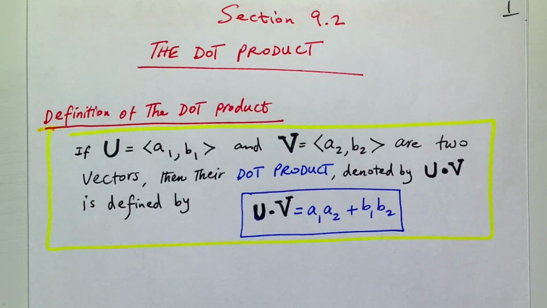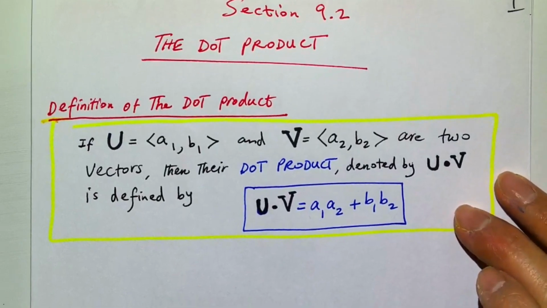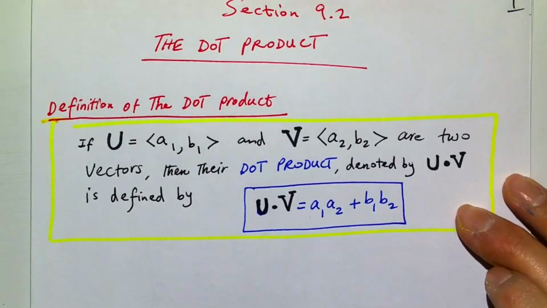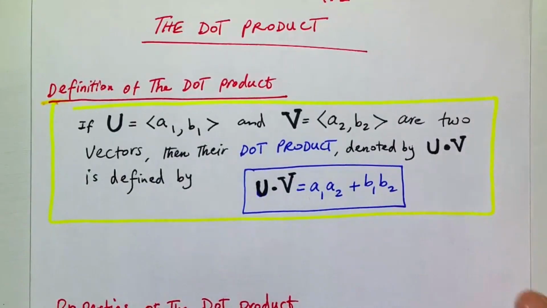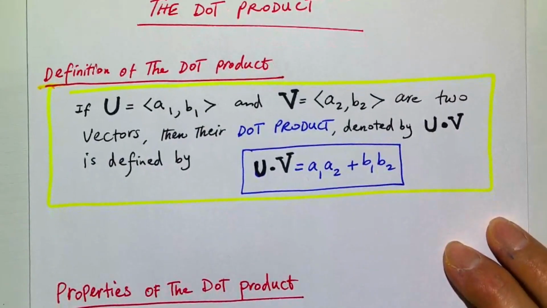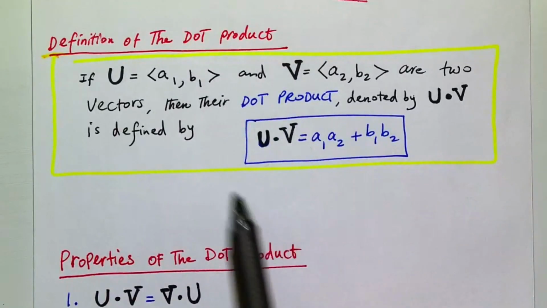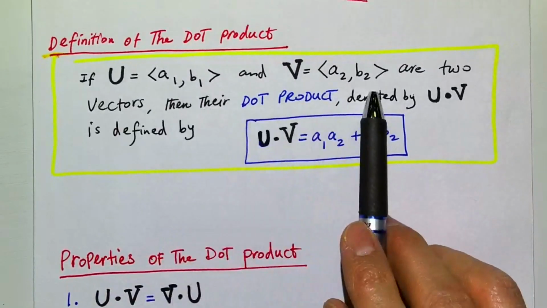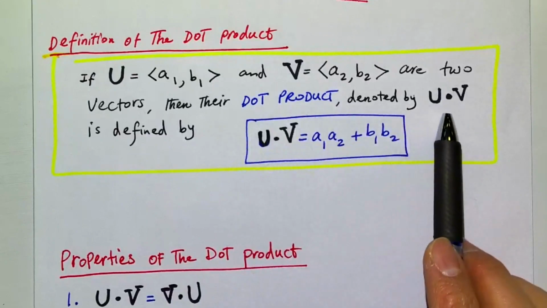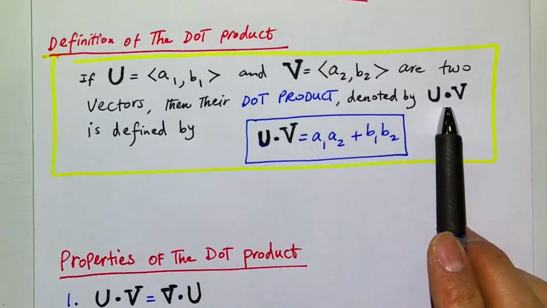angle between two vectors. Now the definition of the dot product is what you're seeing on the screen now, and it says that if we have two vectors, u and v, with these components, then their dot product is denoted by this notation.